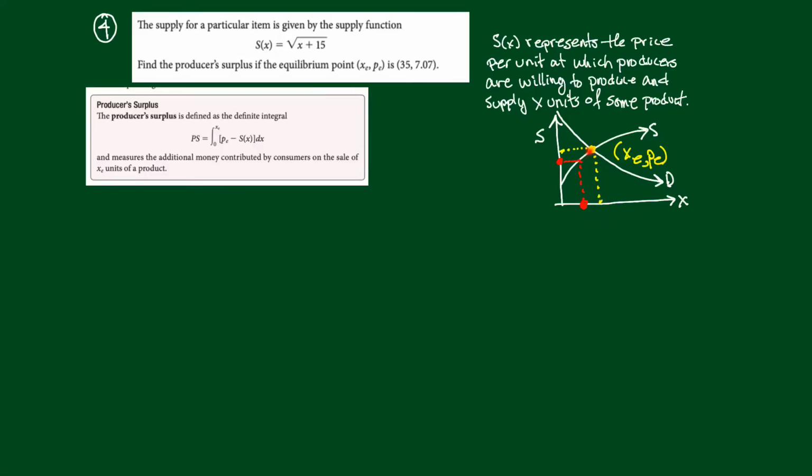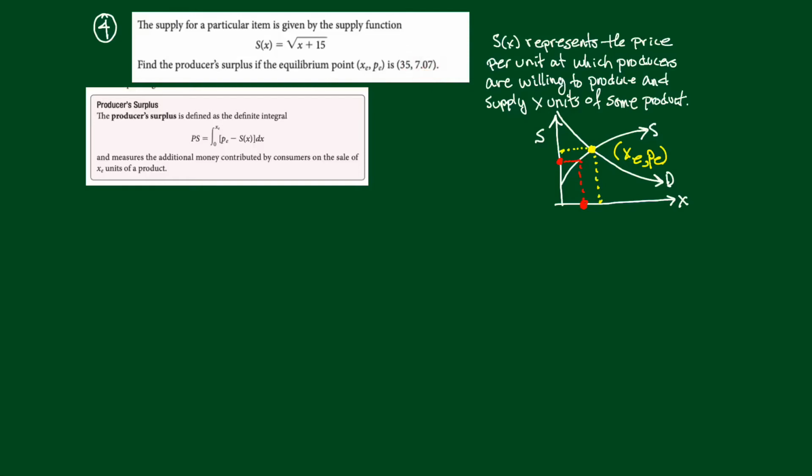So this point right here is a point of satisfaction for both the consumer and the supplier. And that's what we're given right here. So when the price is $7.07, the supplier is willing to supply 35 units of some product. And when there's 35 units of some product put on the market, the consumer is willing to pay $7.07 for each item.